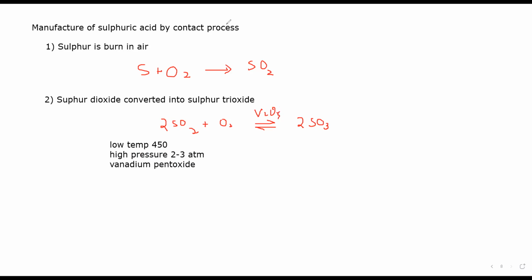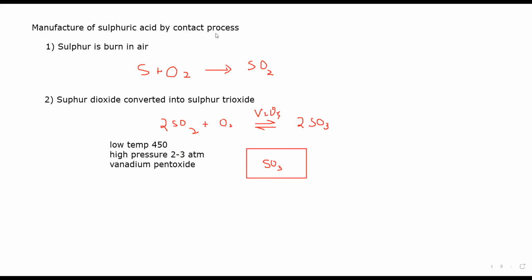Now, after getting this sulfur trioxide, we have two possibilities which we can follow. Sulfur trioxide is also known as anhydrous sulfuric acid. Why is it called anhydrous sulfuric acid? Because if you add water, it will become sulfuric acid.